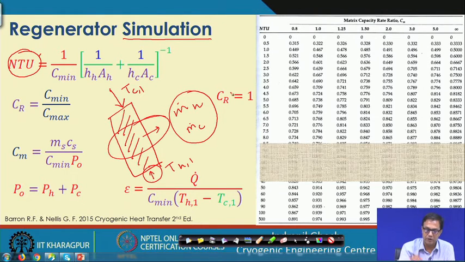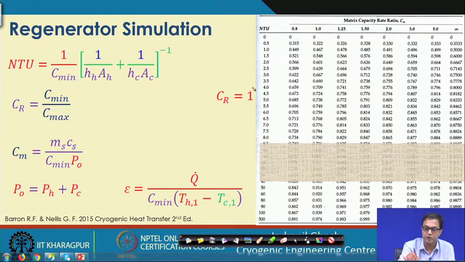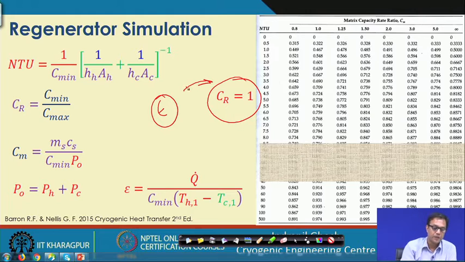Please mind that we are trying to find out the epsilon or the simulation problem for a balanced condition when Cr equals 1. Now, here the geometry being known, we know the mass of the matrix that is present, and Cs is the specific heat.